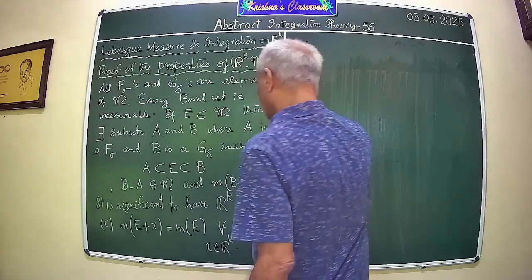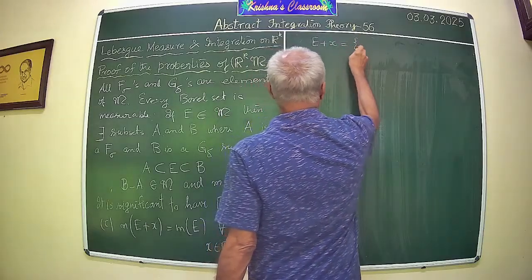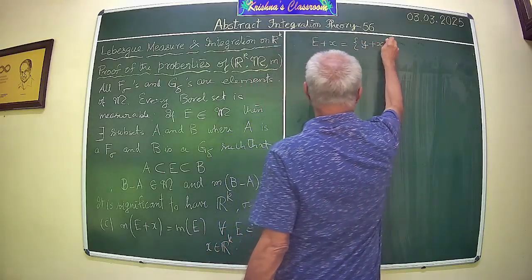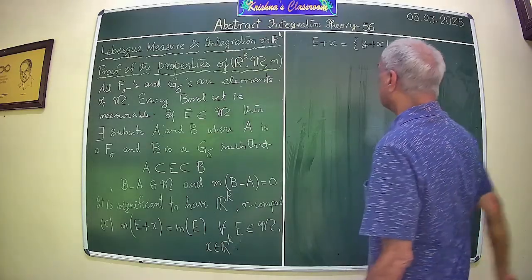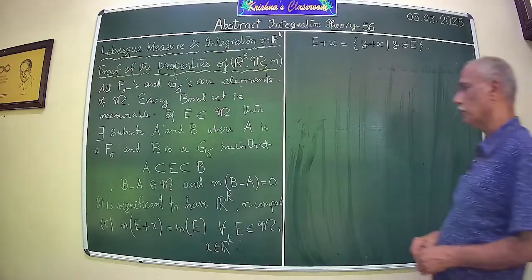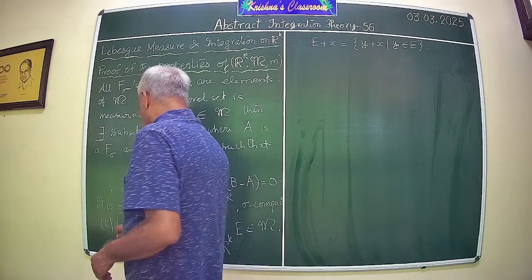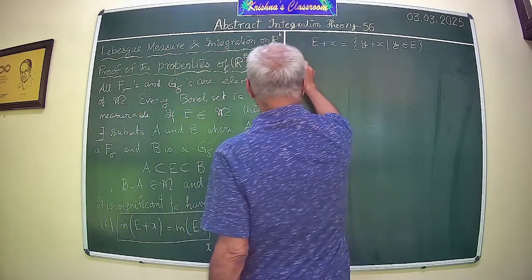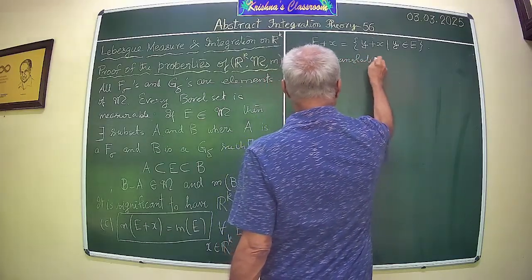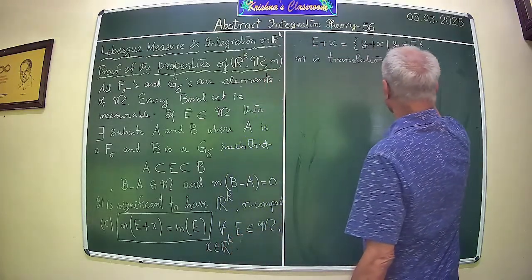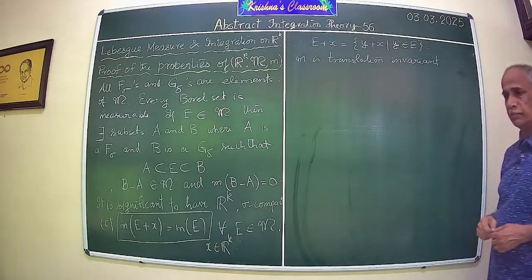So E plus X is equal to the set of all e plus x. Therefore, what you prove is that the measure of E plus X is equal to the measure of E, that is, m is translation invariant. It's a crucial property of the Lebesgue measure.